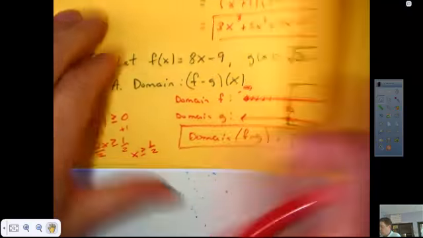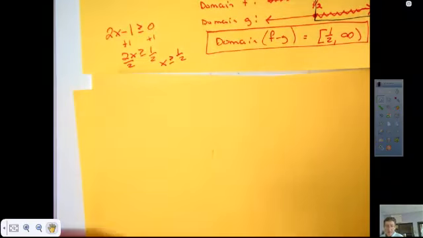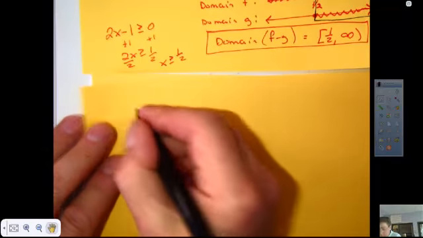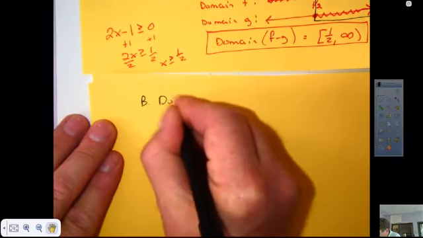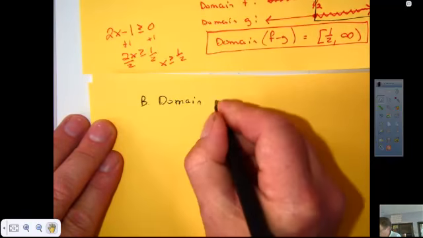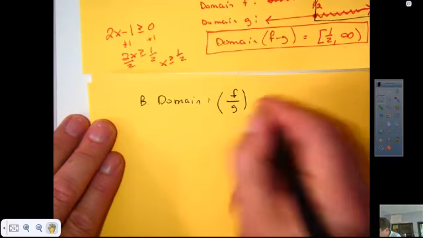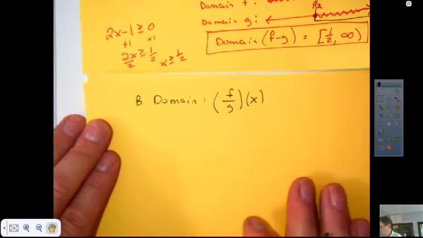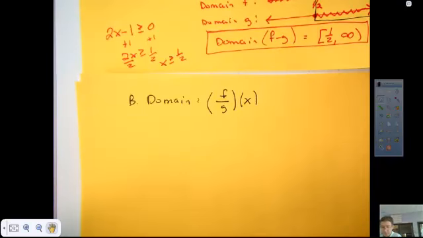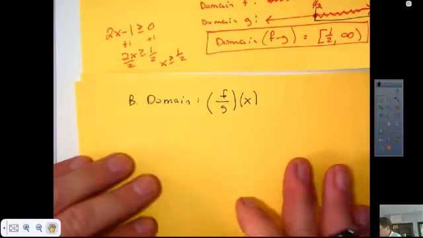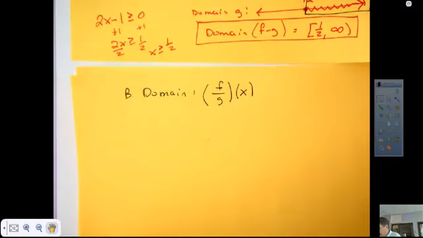All right, so let's do one more like that. This time I want to do the domain of f divided by g of x. So I really have the same graphs as above.